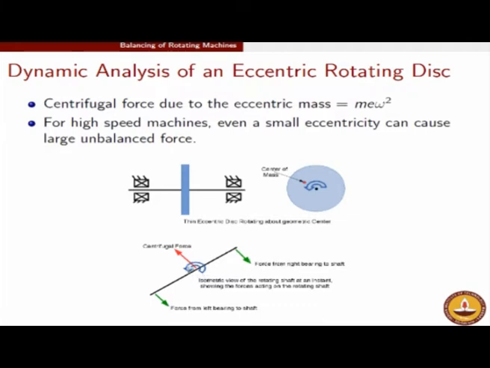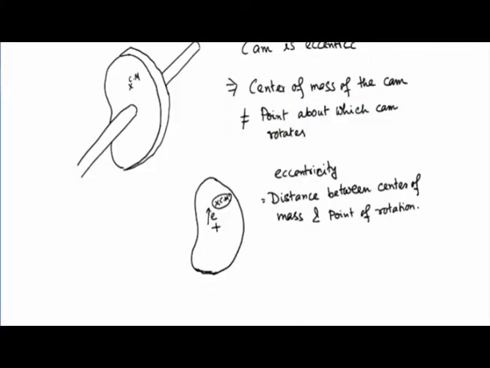But then you will observe that the centrifugal force itself, though the magnitude of it is constant, which is m e omega square, the direction of it is always changing, because as the orientation of the center of mass is here, the centrifugal force is directed in this direction. At a later instant, the centrifugal force could be in some other direction because the orientation of the mass is somewhere else. I will do another drawing in my tablet to explain myself better.